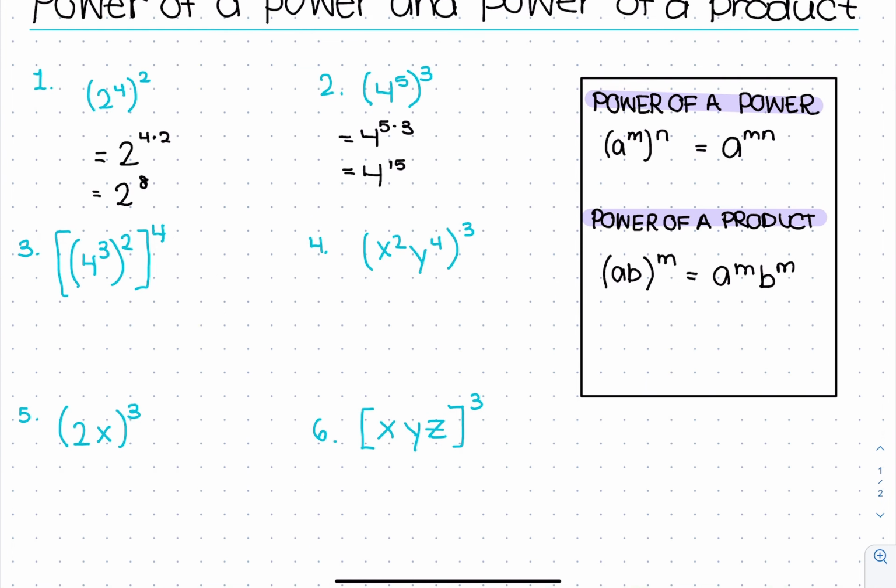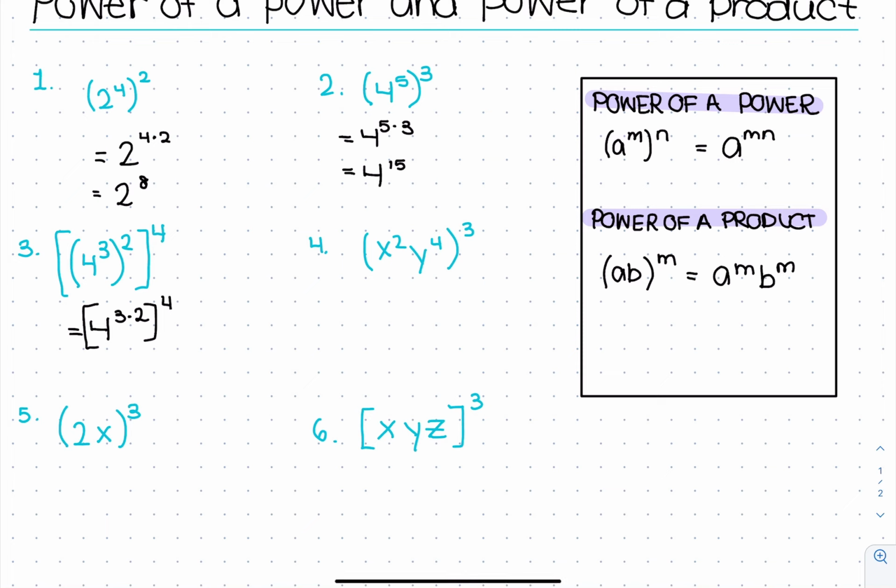All right, so our next one is a little bit different because now we have 3 powers. We have 4 to the power of 3 to the power of 2 to the power of 4. And how we actually approach a question like this is the exact same. When there's a power of a power, we multiply it. So we have our base of 4, and technically what we have is 3 multiplied by 2. However, we do need to still remember that it's also to the power of 4.